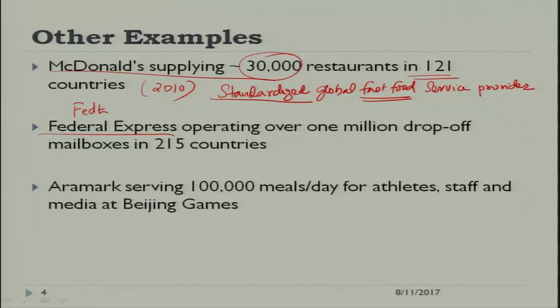I think you might have heard about this term. This kind of organization is called a 3PL, which is a third party logistics company, and their main job is to collect packages from one person at the origin and then deposit them at the destination.